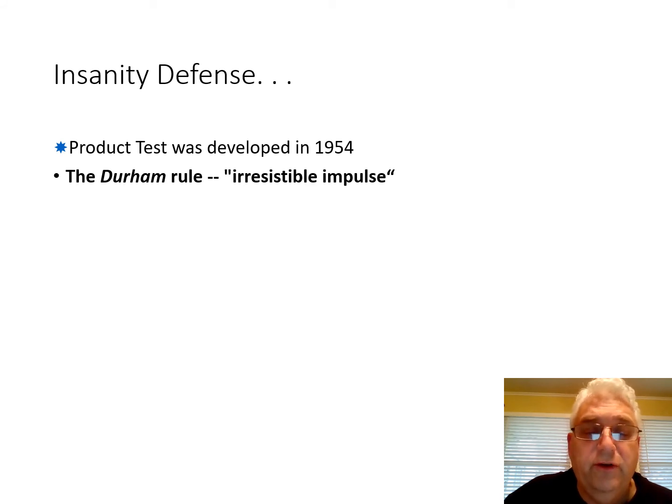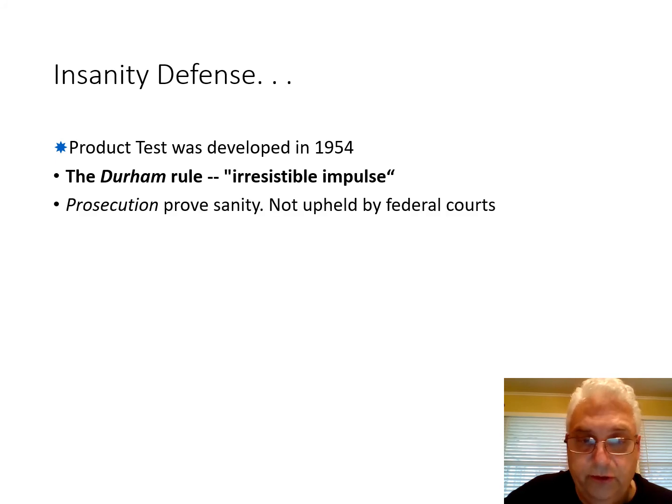So in 1954, there was a case in which the product test, otherwise known as the Durham rule, was instituted. What this case did is, for a brief time, it forced the prosecution to prove sanity.